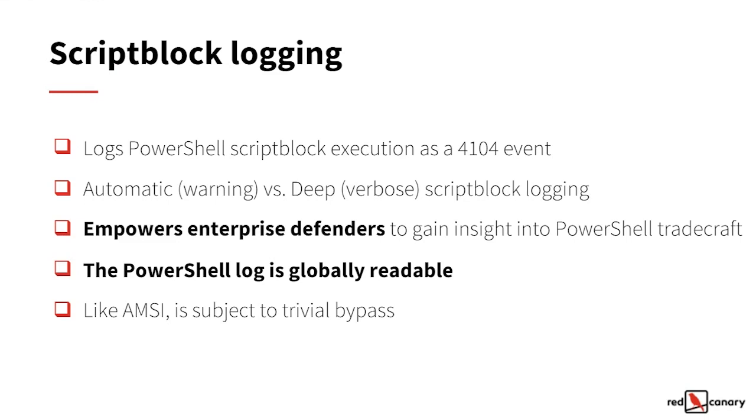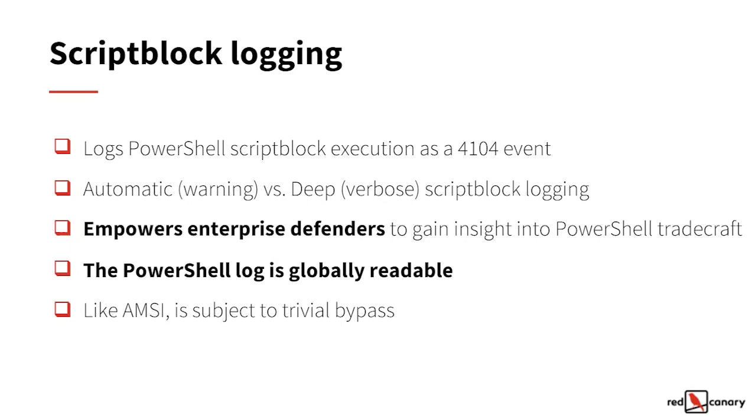This is, in my opinion, by far the most valuable logging source that an enterprise defender or many security vendors can tap into to get a very high fidelity timeline of what exactly occurred in a malicious PowerShell timeline, with some caveats, of course, that I'll cover.